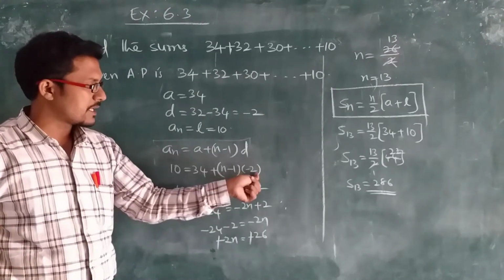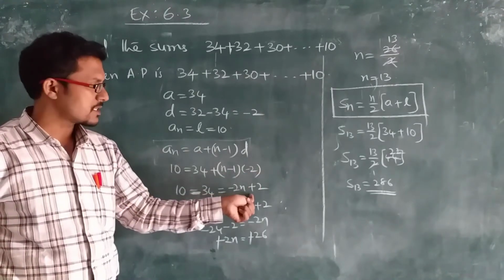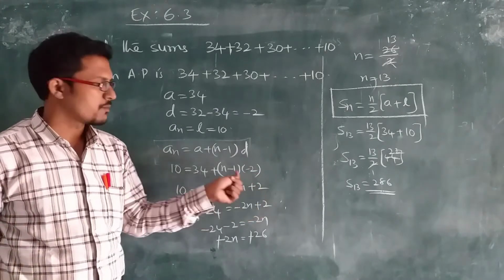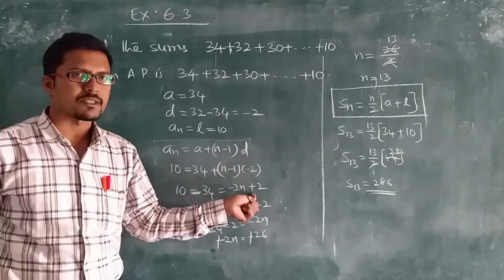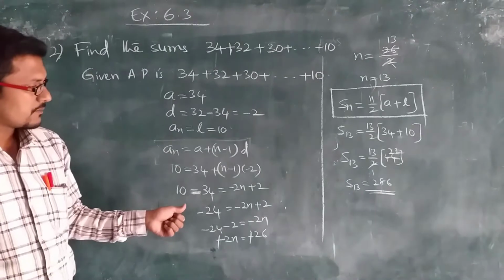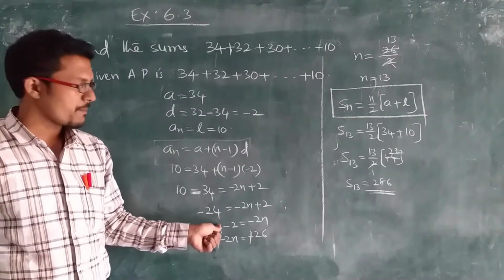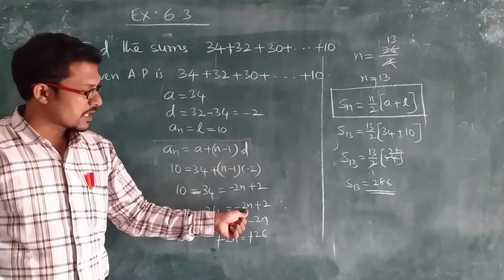So n into minus 2 is minus 2n, plus minus 1 into minus 2, that is plus 2, since minus into minus is plus. Here 10 minus 34 is minus 24, and on the RHS minus 2n plus 2.